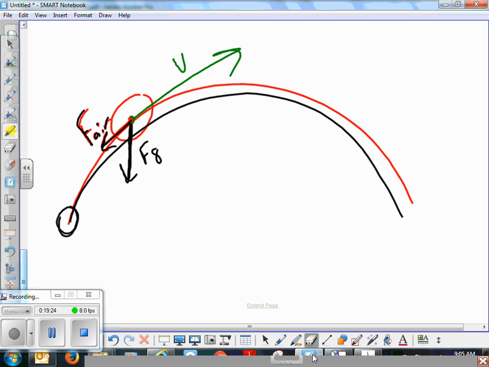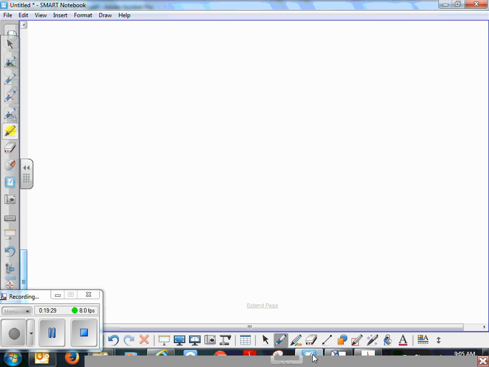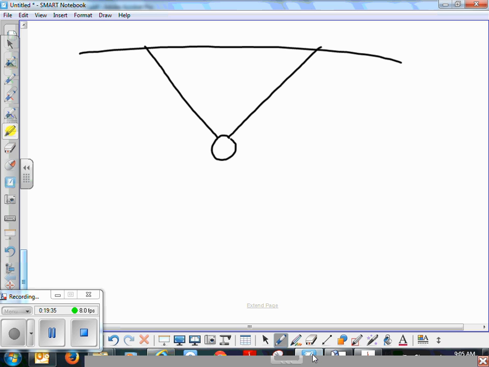So let's look at another example here. Let's say that I have a rope and another rope, and we'll say that these angles are similar, congruent. This is tension 1, and this is tension 2.